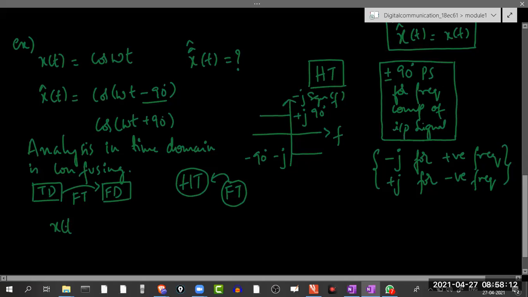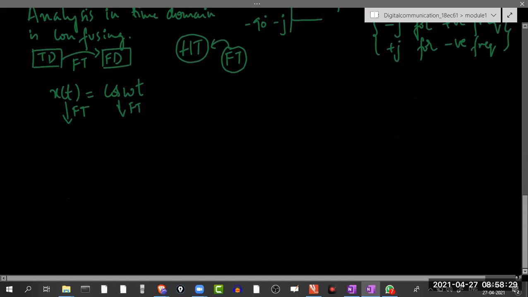Initially we had the signal x of t equal to cos omega t. Now if I apply Fourier transform onto this, we'll have capital X of f. Cosine in time domain is like this.